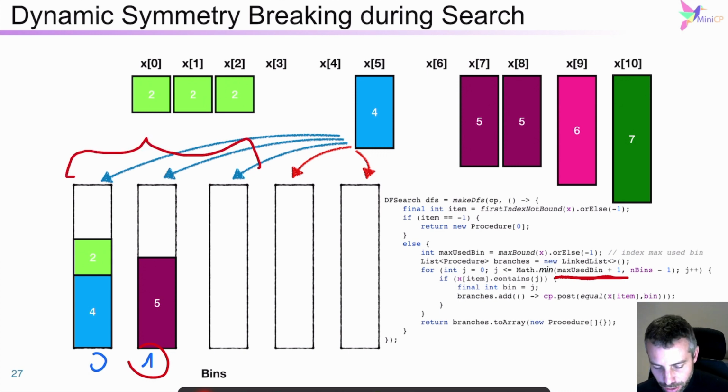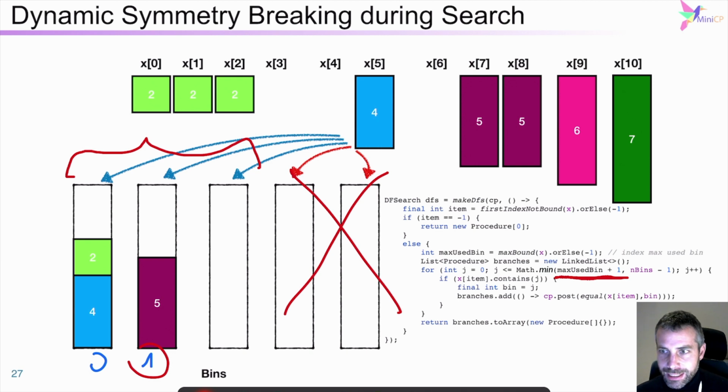I will avoid trying to place this item with a weight of 4 in these two specific bins because they have exactly the same load. So I will not branch on them. If I do that, I will dynamically break most of the value symmetries of my bin packing problem.